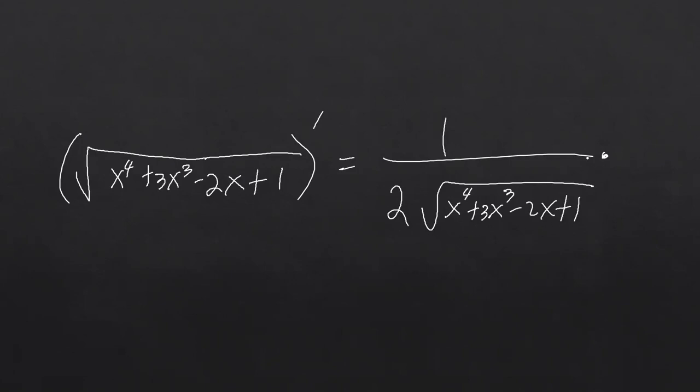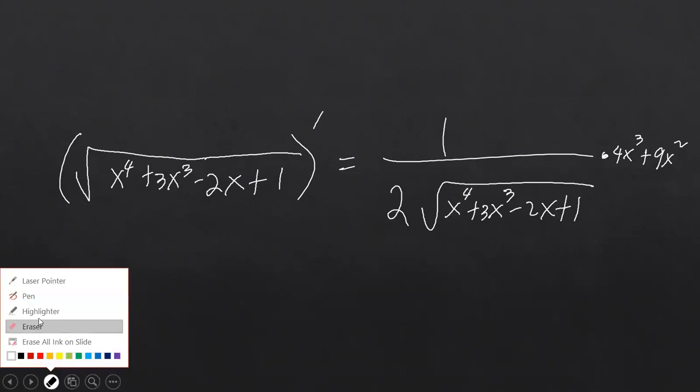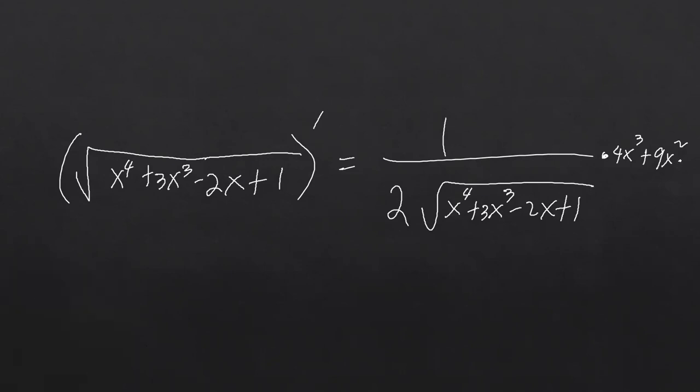Of course, the derivative of x to the power of 4 is just 4x cubed, plus the derivative of 3x cubed, which is 9x squared, plus the derivative of negative 2x, which is just negative 2. So it will be minus 2 here.